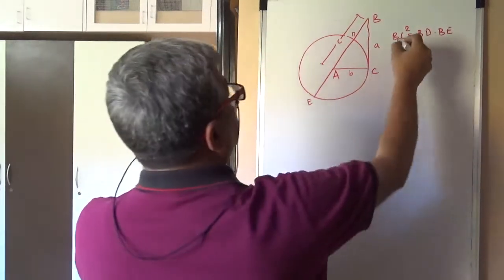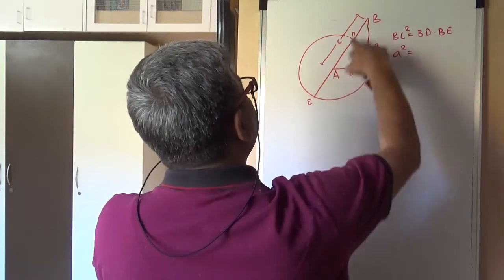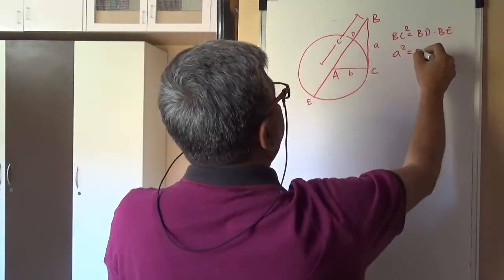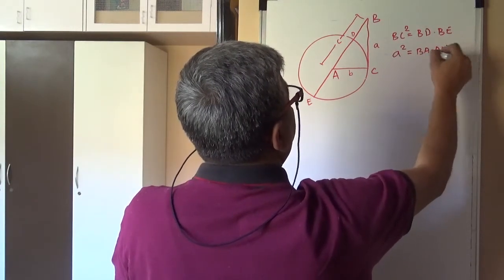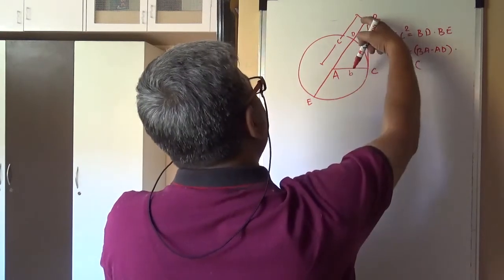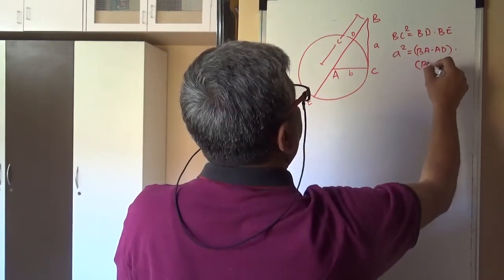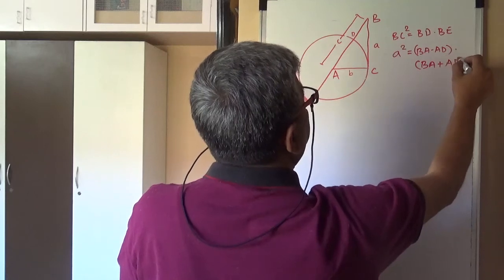So BC square is a square. BD is BA minus AD, and BE is BA plus AE. And AE and AD are the same, they are radii.